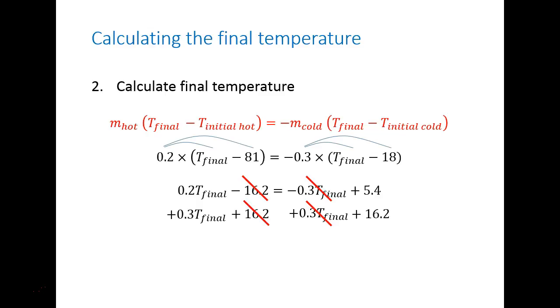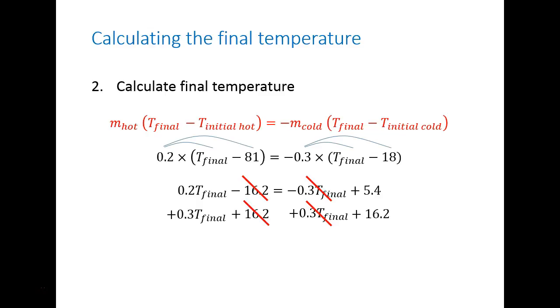Basically, when you move the negative 0.3 T final to the other side, that's just plus 0.3 T final. And when you move the negative 16.2 to the other side, that is the same as plus 16.2. So you can use either way, it'll be fine. Just use the one that you are most comfortable with.